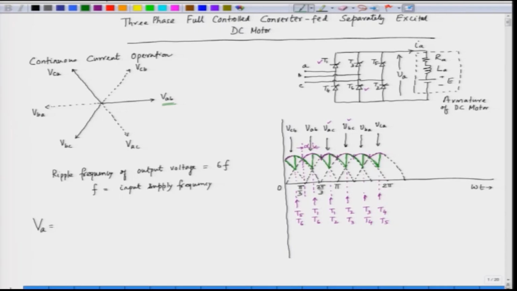So, we integrate from pi by 3, because this angle is pi by 3 here, and we are delaying it by an angle alpha, and then this continues till 2 pi by 3 plus alpha, because every delay is alpha. So, we are basically integrating over this region.